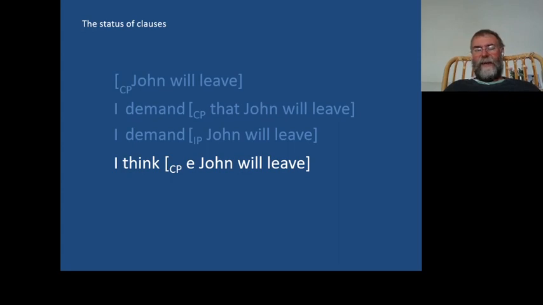So therefore we have here an argument on the basis of the fact that it's a general property, not a specific property of particular verbs, that you can miss out the complementizer. And that leads us then to the conclusion that all embedded clauses are CPs, whether or not you can see the complementizer.